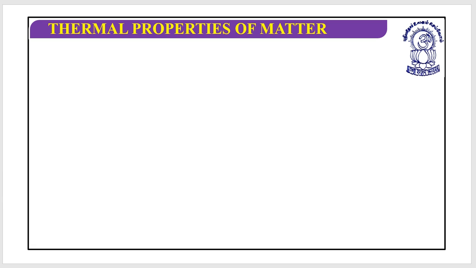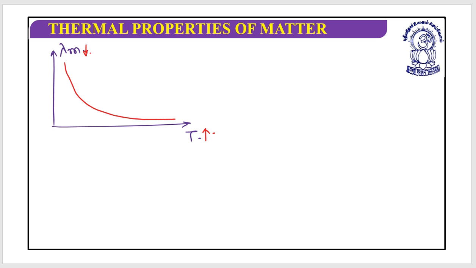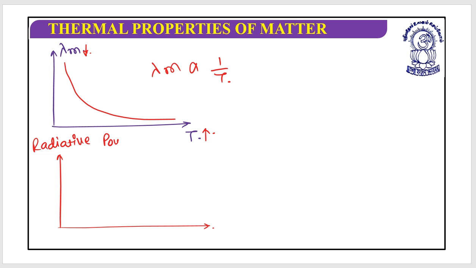If I plot this graph of lambda maximum versus temperature, it looks something like this. As soon as temperature increases, you can see that lambda m decreases, since lambda m is proportional to 1 by T. One very informative graph is the radiative power versus wavelength.